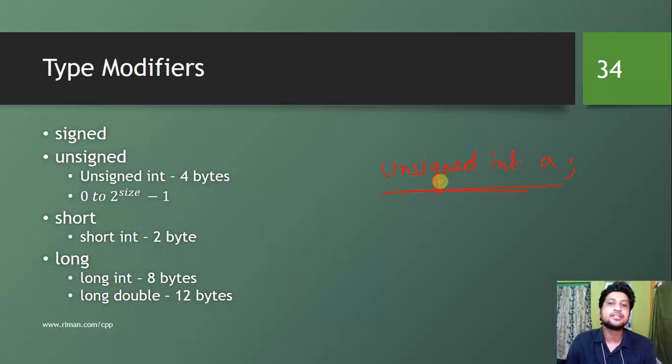That means the range of this unsigned integer will be starting from 0 to 2 to the power size minus 1. So now the range converts from minus 2 to the power size minus 1 to 0. That means the lower bound becomes 0 and the upper bound increases to 2 to the power size minus 1.